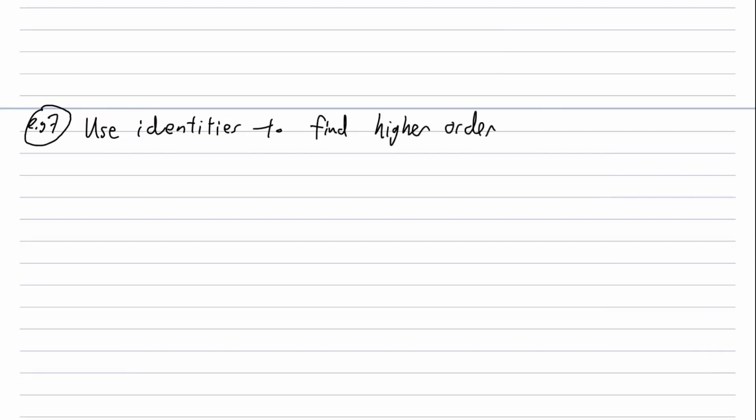Okay, so let's write down some of the things you need to know first. This is example number 7. Use identities to find higher order derivatives.